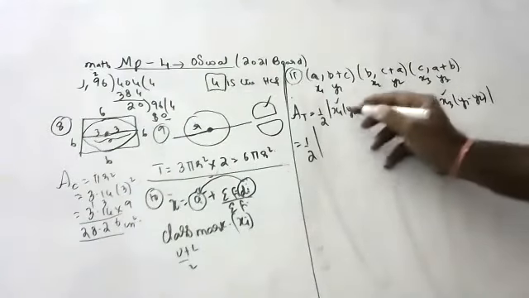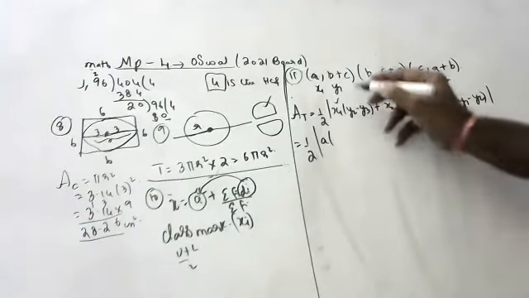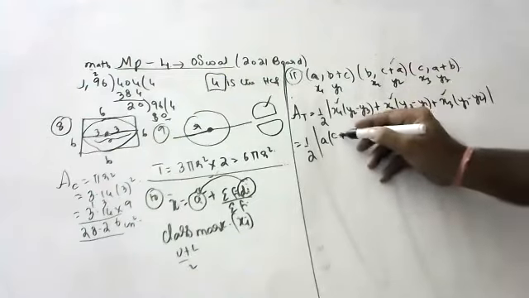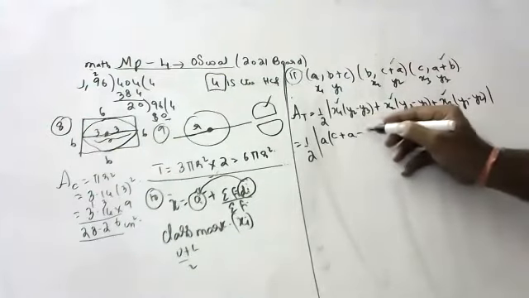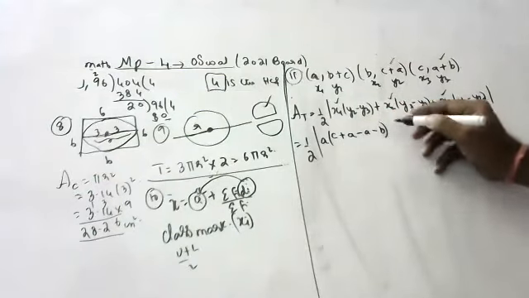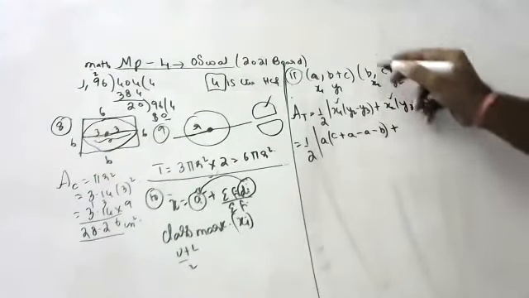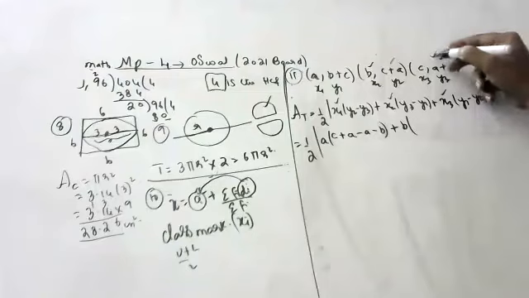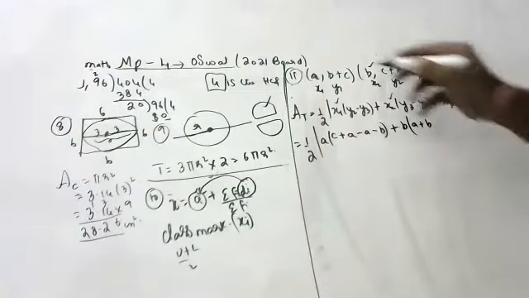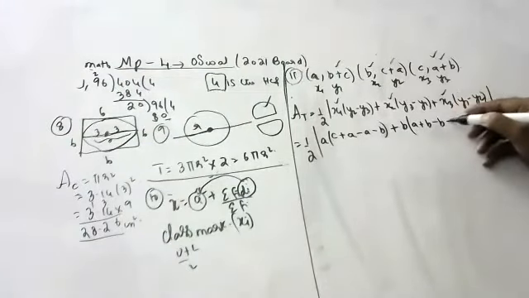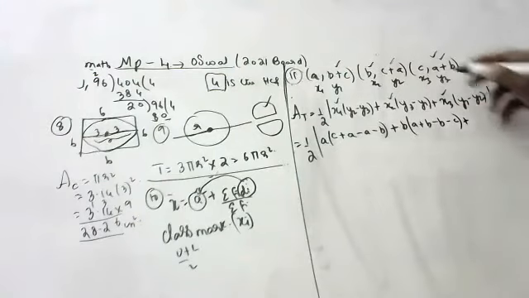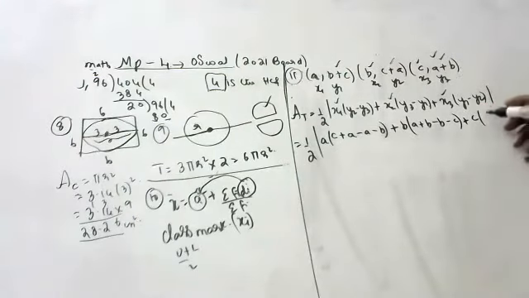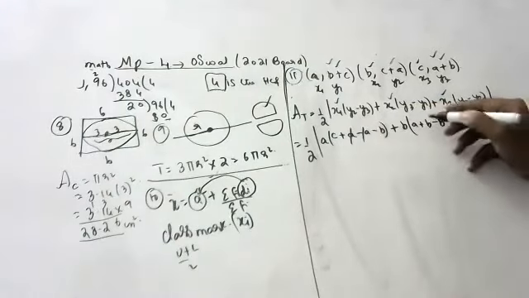Half into A into C plus A minus A plus B, minus B plus B into A plus B minus of B minus C, plus C into B plus C minus C minus A. This gone, this gone.